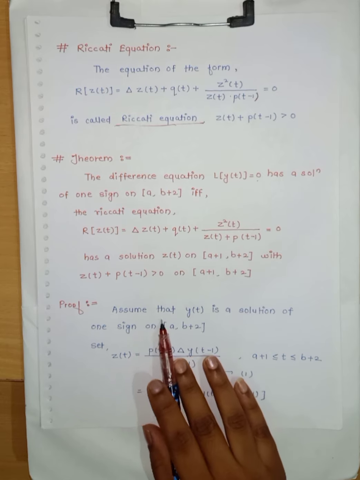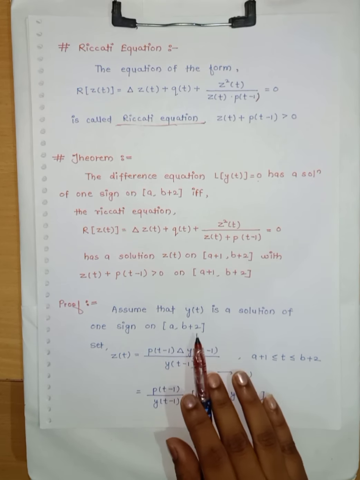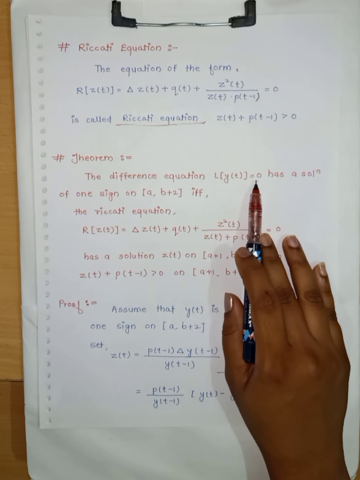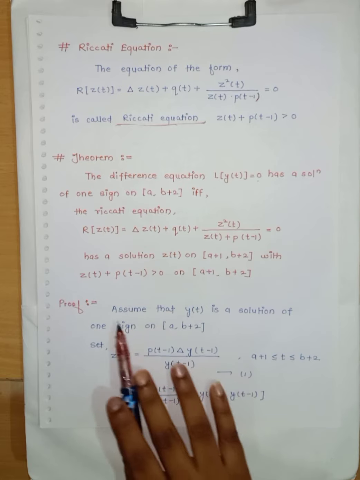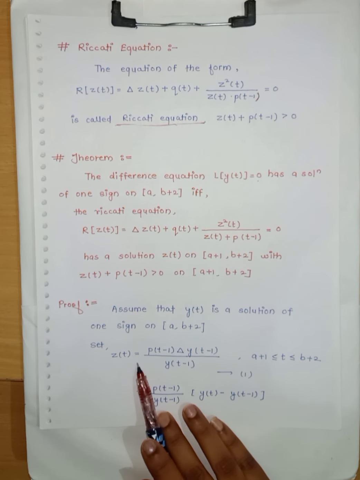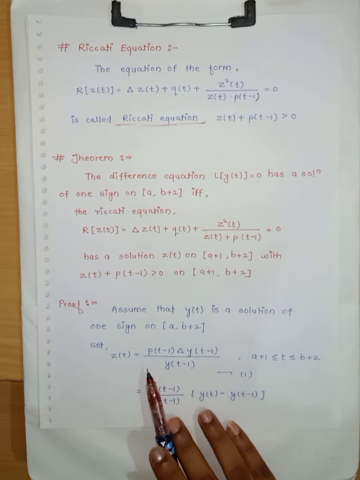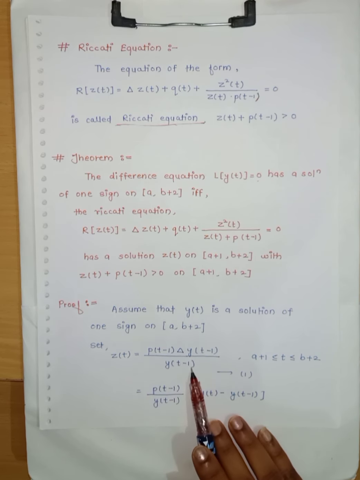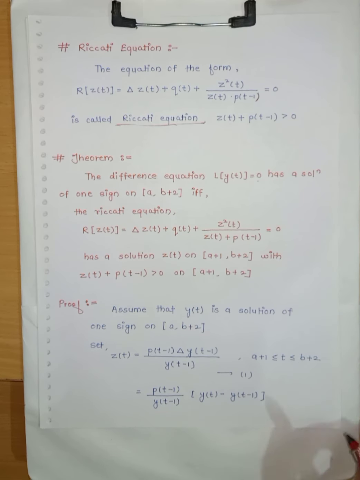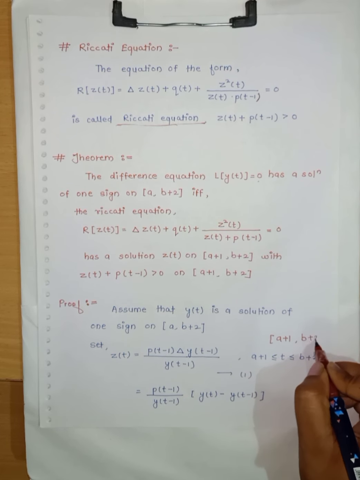Proof: assume that y of t is a solution of one sign on the closed interval a and b plus 2. So y of t is a solution of L of y of t, which we have assumed. Let us set z of t equals p of t minus 1 delta of y of t minus 1 upon y of t minus 1, where a plus 1 is less than or equal to t and t is less than or equal to b plus 2, that is, t belongs to the closed interval a plus 1, b plus 2.